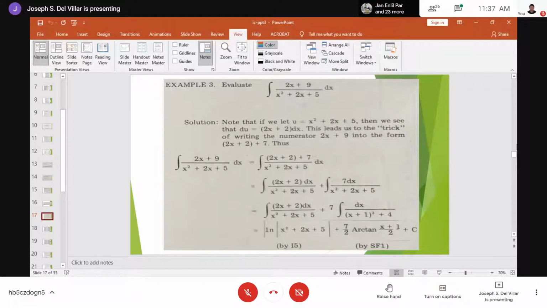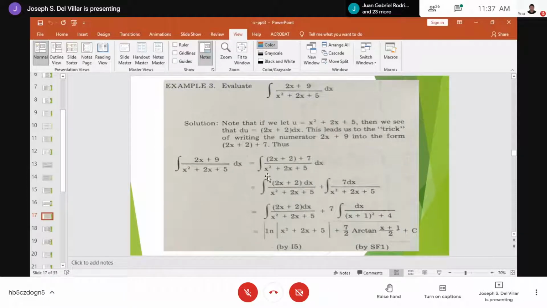Okay? So we have to break this into two integrals. So we have 2x plus 2 dx all over the denominator, and then plus 7 dx integral, no? All over the same denominator. And then integrate one at a time. Okay?